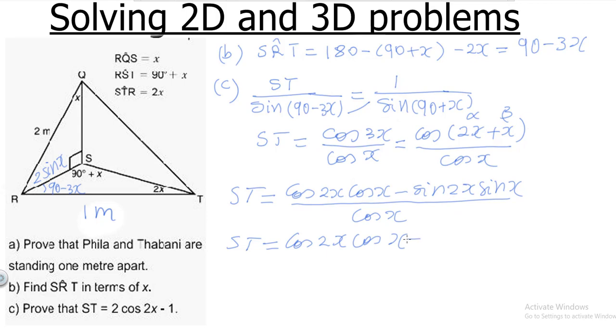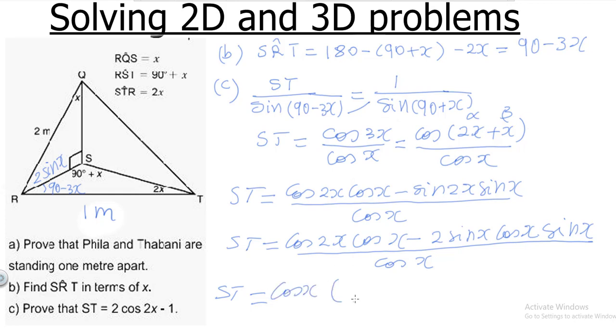So for ST, we keep this cos 2x cos x, and we change sine of double x to 2 sine x cos x, the double angle, remember from the previous question, then we have a sine x, all over cos x. Then we have ST. What is the common factor here? The common factor is cos x. Then the remaining here will be cos 2x.